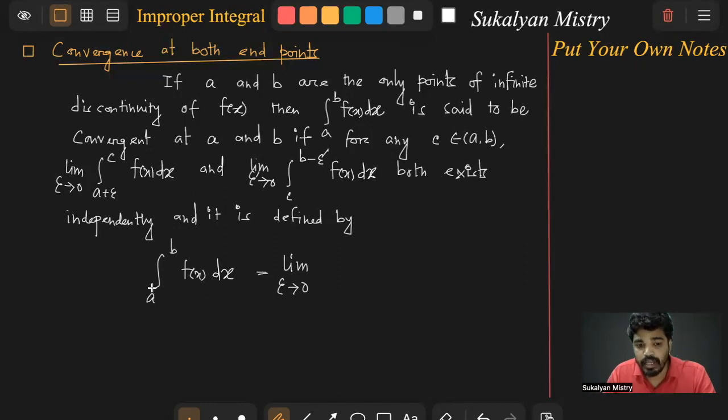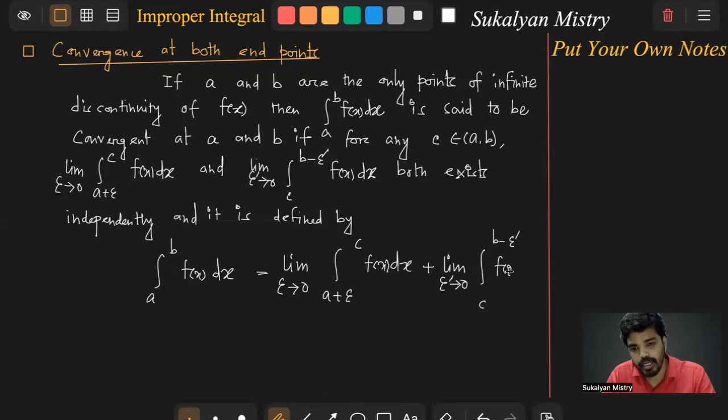First, think of the left end: epsilon tends to 0, a plus epsilon to c f(x) dx, plus limit epsilon dash tends to 0, c to b minus epsilon dash f(x) dx.